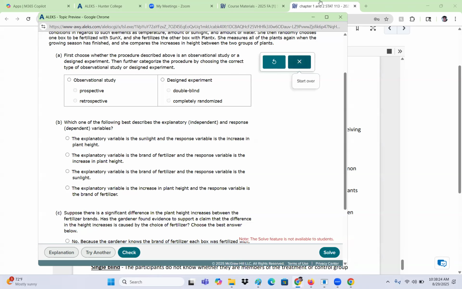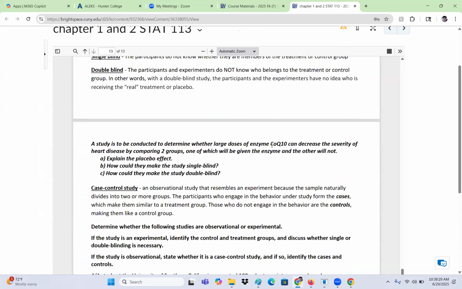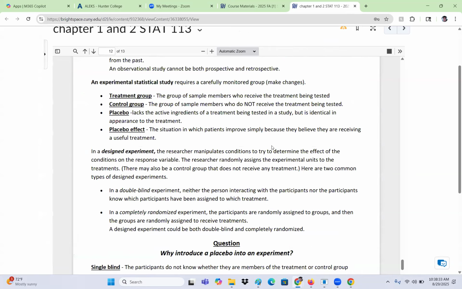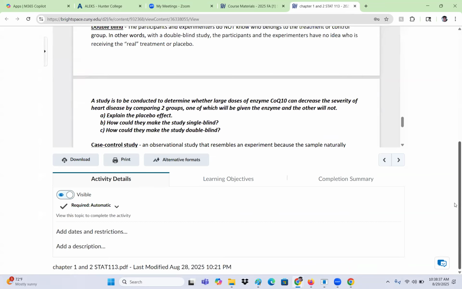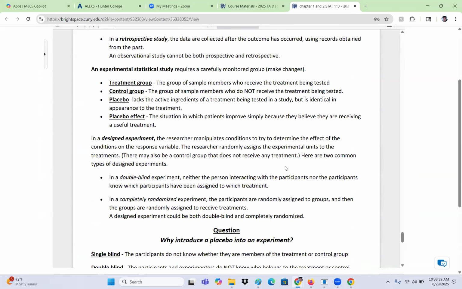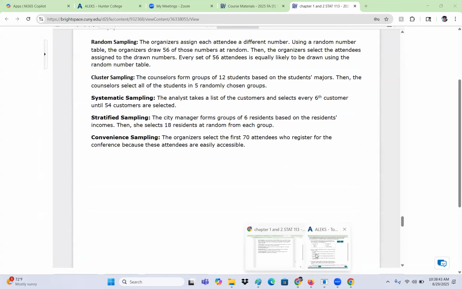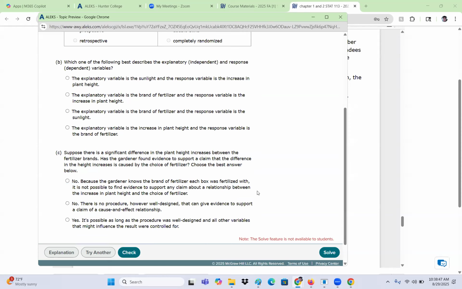Yeah, all of these concepts can be found under the chapter summaries and also the explanation that we have over here. We can see exactly what it is. Okay.